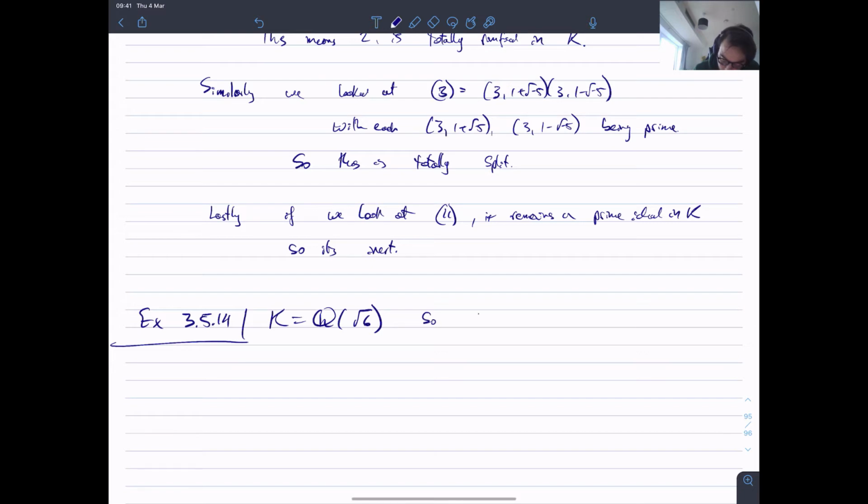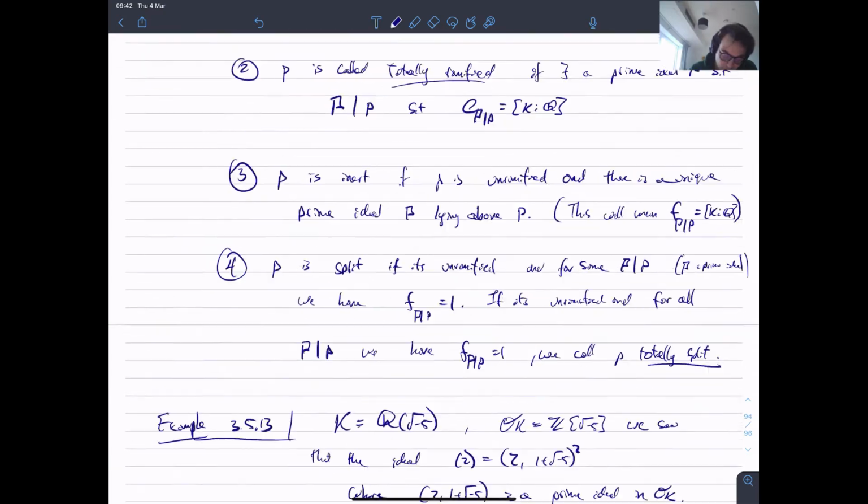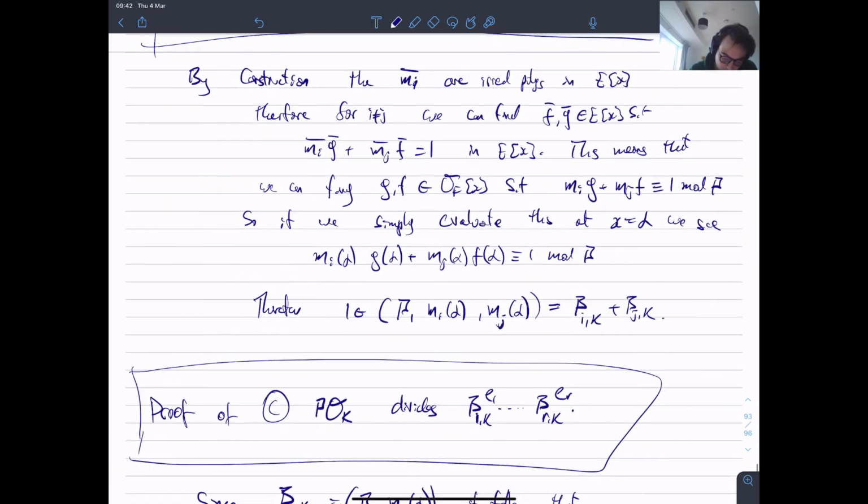So alpha is my primitive element, and I'm going to take it to be root 6. We know what the ring of integers is by 2.1.11. We know that O_K is Z adjoined square root of 6. So if we want to apply this Dedekind-Kummer theorem, let me go back up to it.